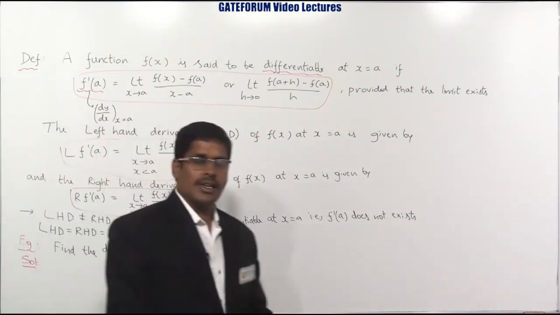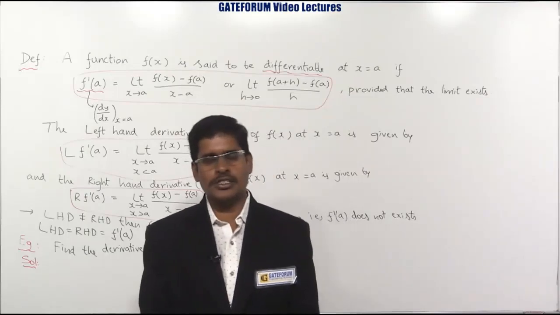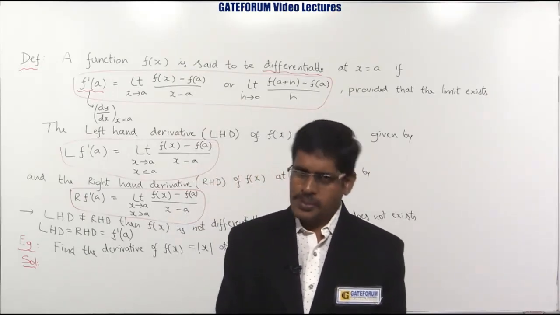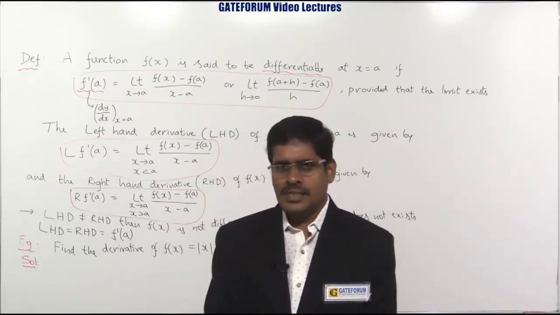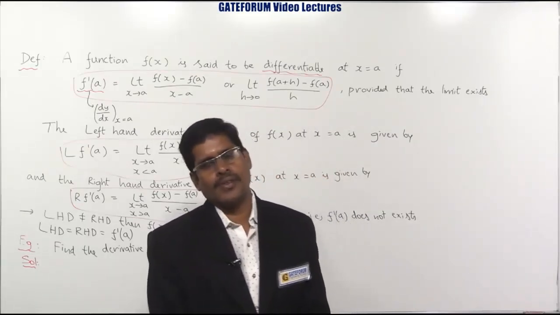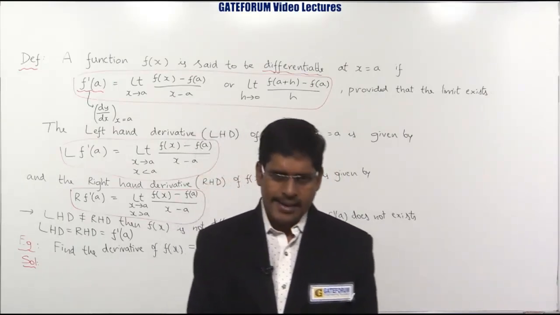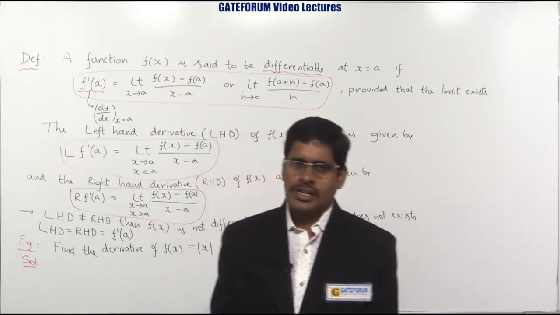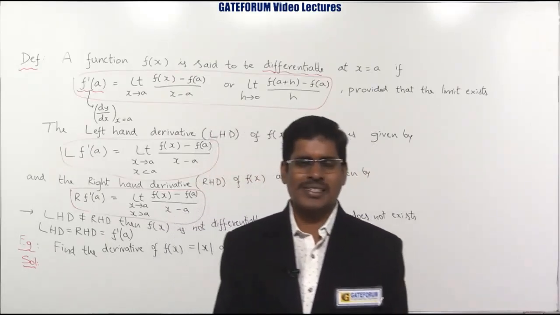So in the last class we know that mod x is equal to plus x if x greater than 0, minus x if x less than 0. So that means when x less than a, that is the information by left limit. When x greater than a, that automatically tells the information right hand limit. Similarly here also, when x less than 0, when x greater than 0, it has different values. It means mod x has different values, one is plus x and minus x.